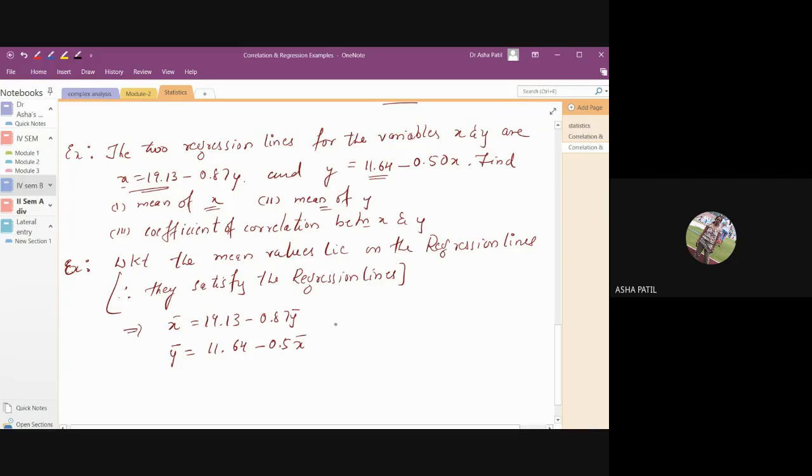Now with this, we have to find x bar and y bar.